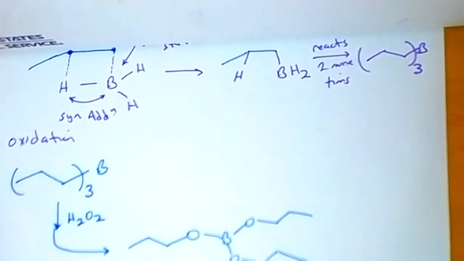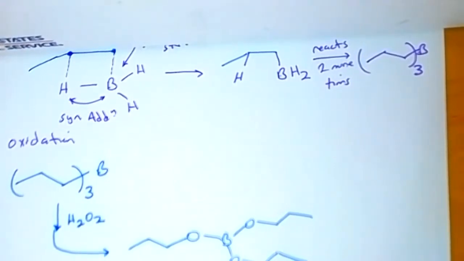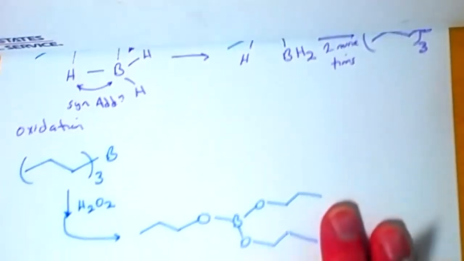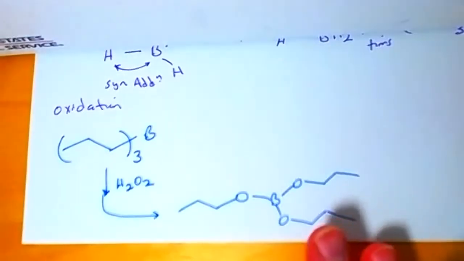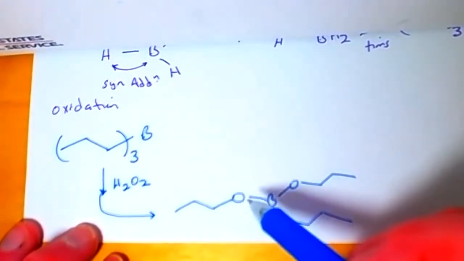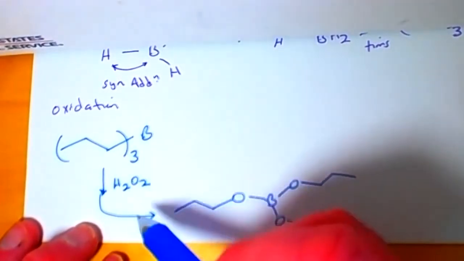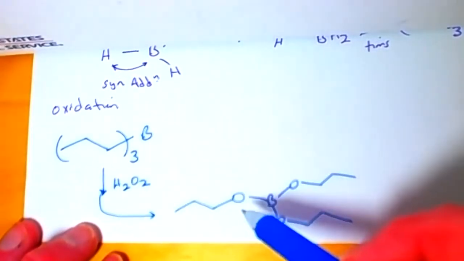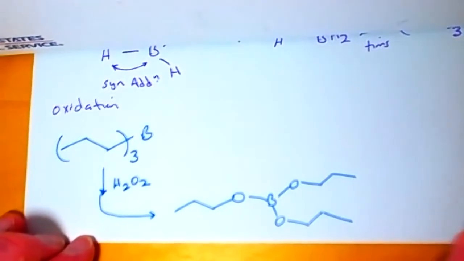Now, you don't have to worry about the mechanism for that. I just wanted to show you what that particular intermediate looks like so that you can say you've seen it. But essentially, this is going to be a type of rearrangement where the oxygen adds into the boron and then the alkyl groups add on to those oxygens.